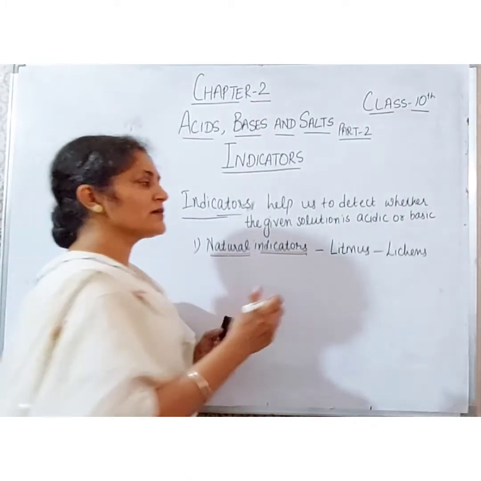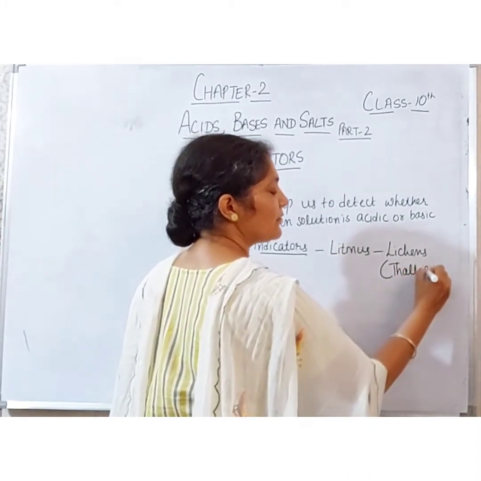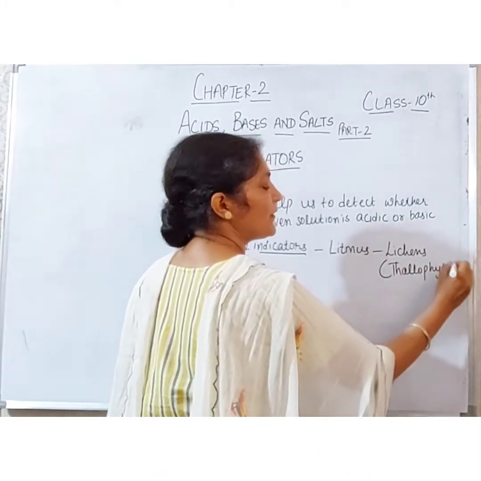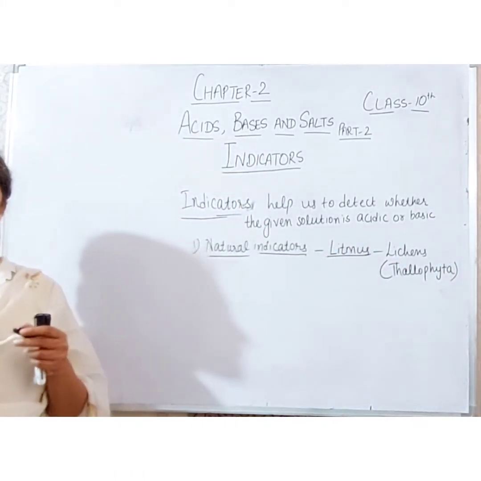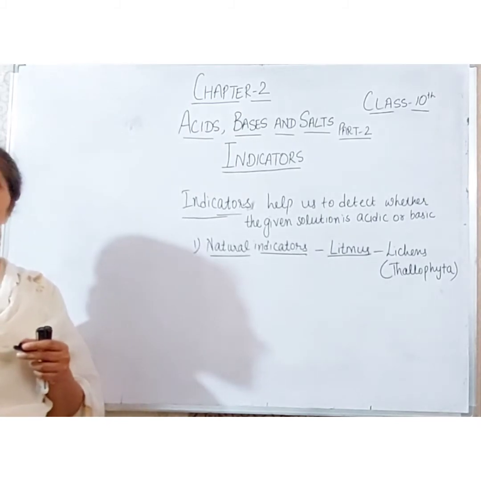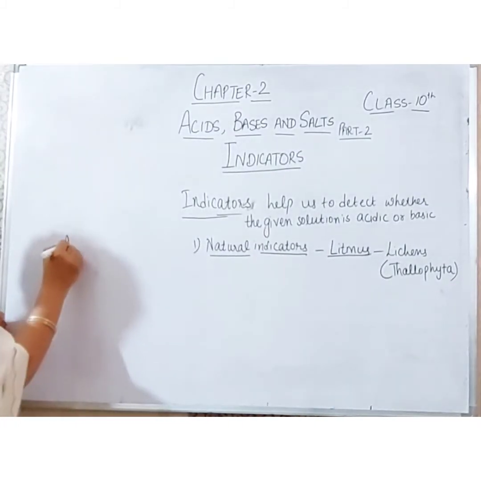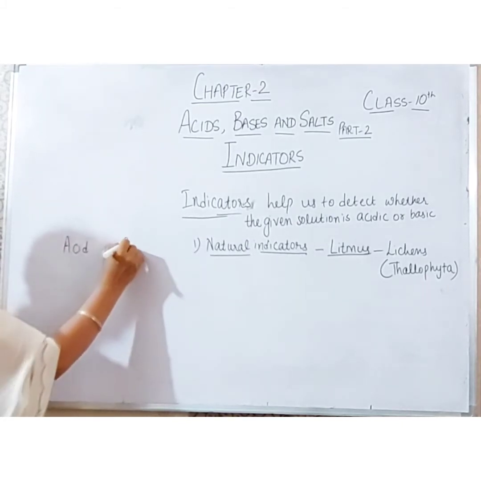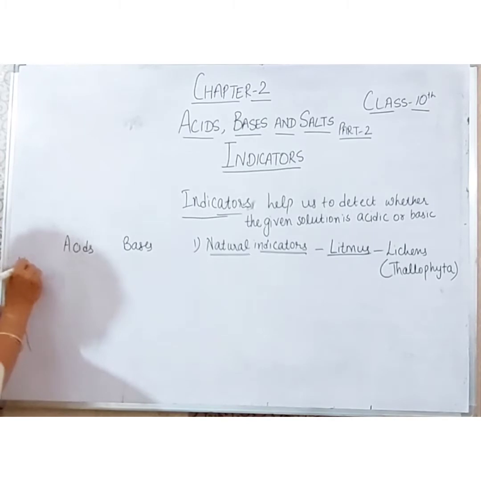It also belongs to the class Thallophyta. So we use litmus paper to recognize whether the given solution is an acid or a base, because here we will write acid and bases, and here we can write litmus paper.